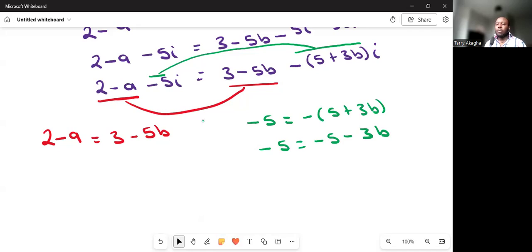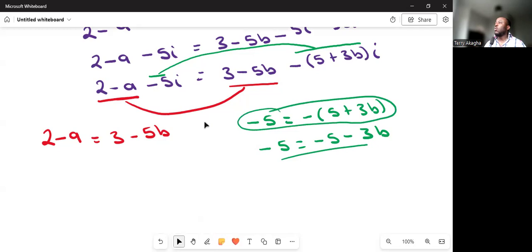Now, the next thing is that we can then equate both of them, or you can simplify. Because we have minus on both sides, it can cancel out.